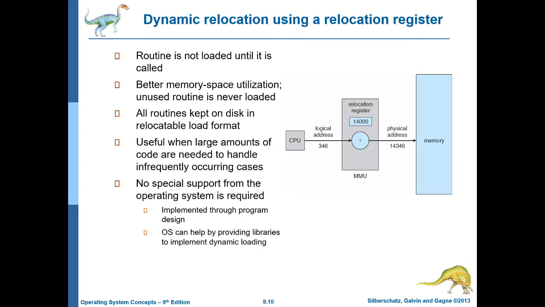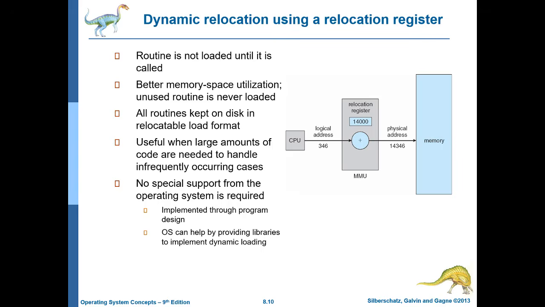Now here we see the example of dynamic relocation using a relocation address. The relocation address contains the starting address of a process in the relocation register. So within the logical address space, a process may be executing instruction number 346.